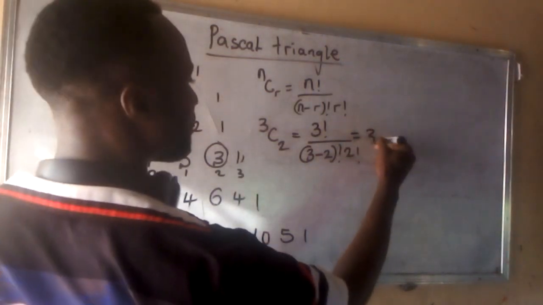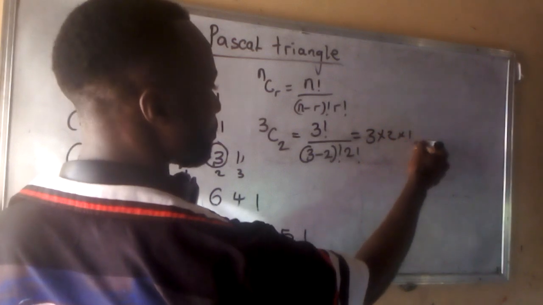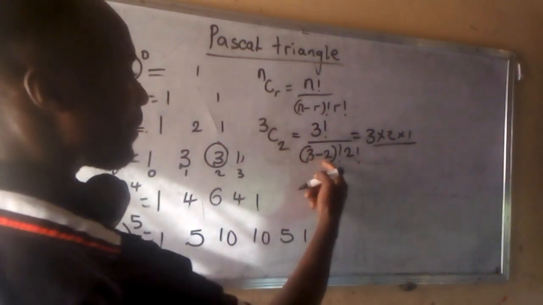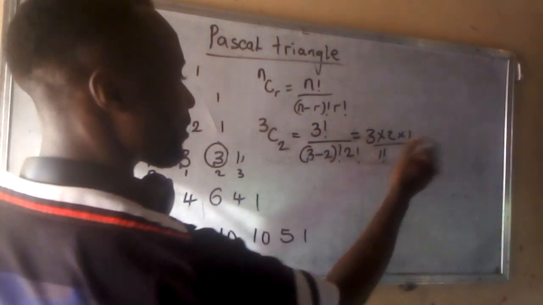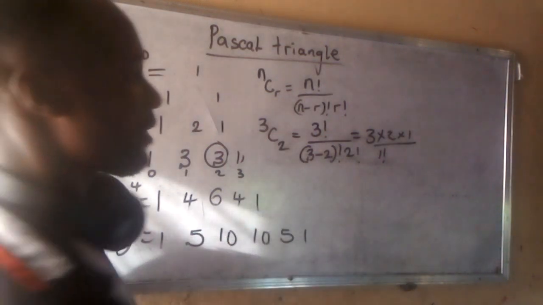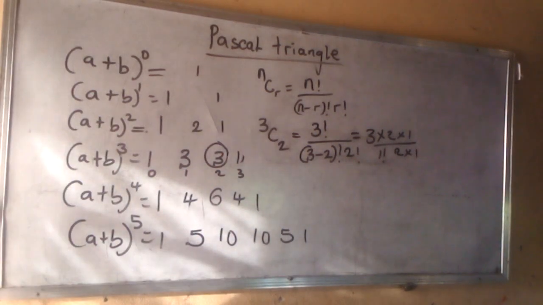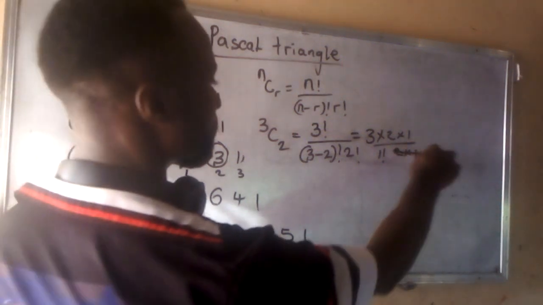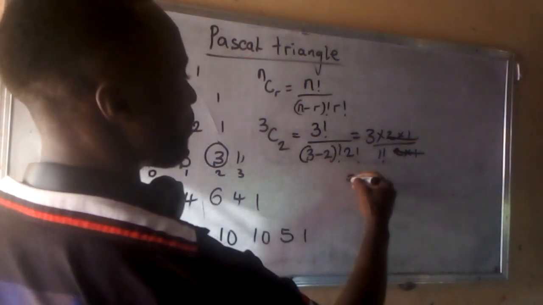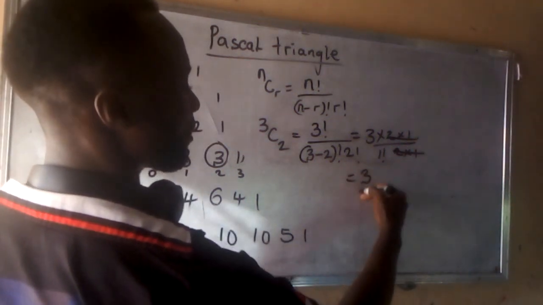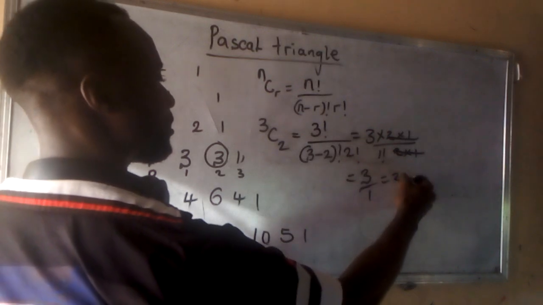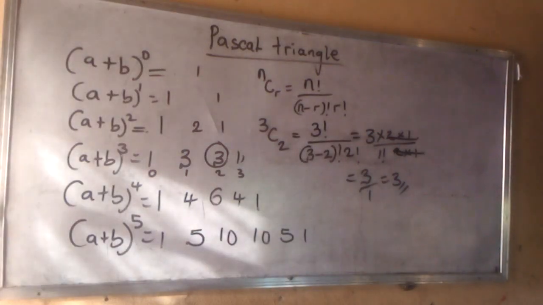So here becomes 3 times 2 times 1 all over 3 minus 2, which is 1 factorial, and 2 factorial is 2 times 1. So 2 times 1 cancels 2 times 1. What is remaining is 3. Then 1 factorial is 1, which is 3. So I have this now.